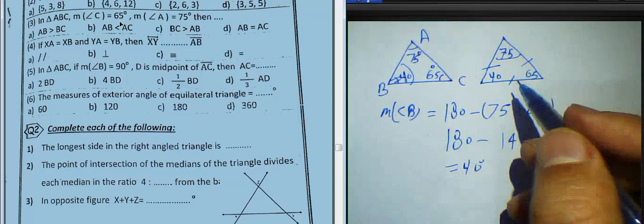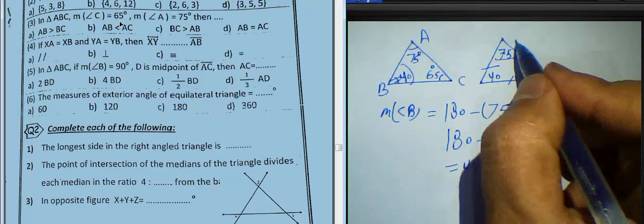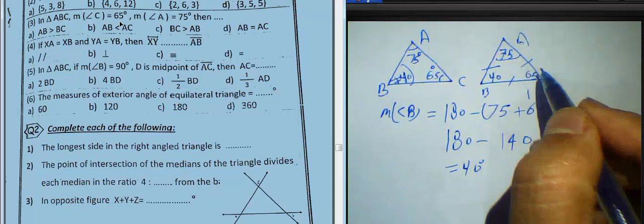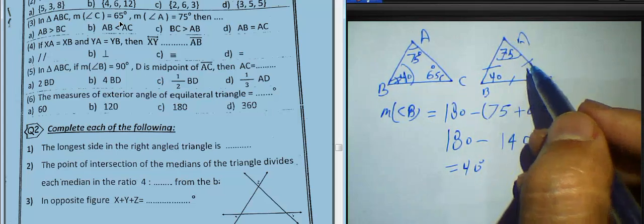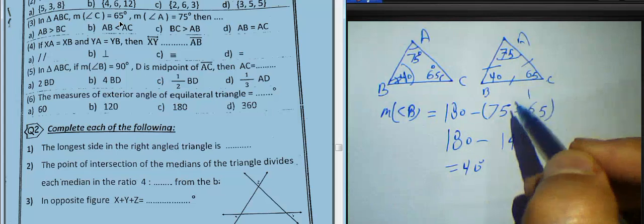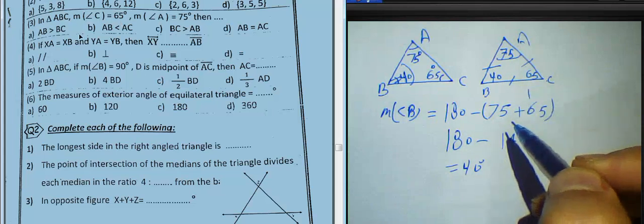Scalene, the sides will be different. We know AC is not equal to CB, because we have different measures for all angles here. So, how do we solve here?